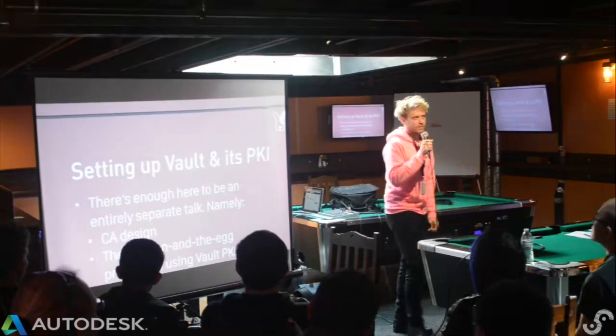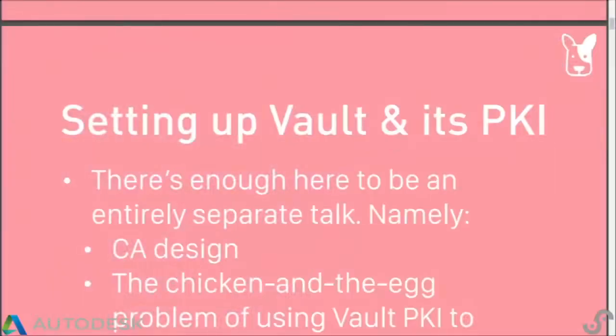Second off, setting up Vault itself. That's the secrets management tool from HashiCorp. Really great. A lot of tricky things here if you're setting it up, not just for secrets management, but also if you want to use it as your PKI, as we do. There's some tricky stuff there, like how do you make sure you design your CAs in a safe manner.